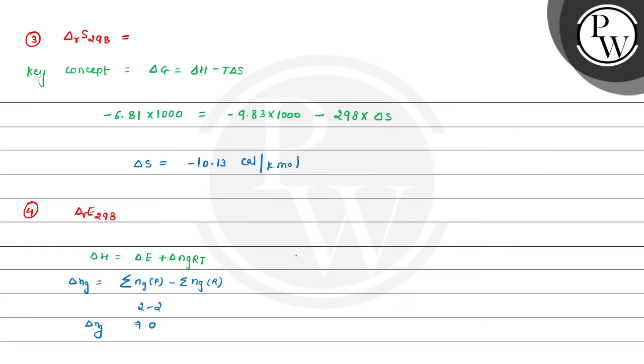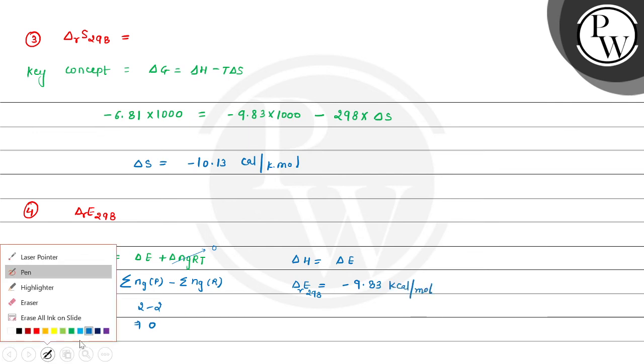Now we can write that del H is equal to del E, because this term becomes 0. Now the value of del H is minus 9.83, so the value of change in internal energy at 298 Kelvin also comes out to be minus 9.83 kilocalorie per mole.